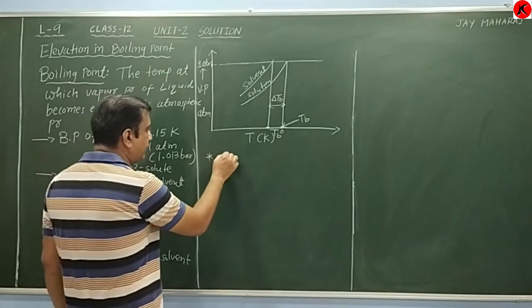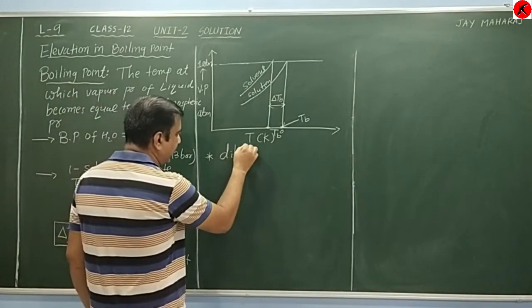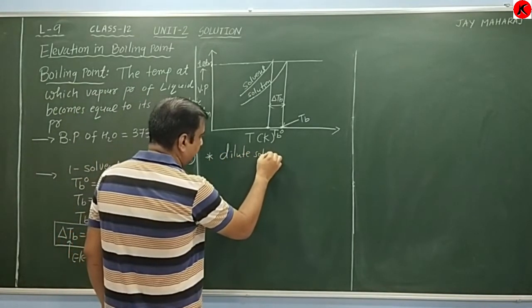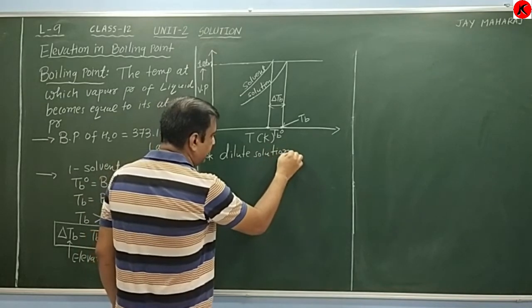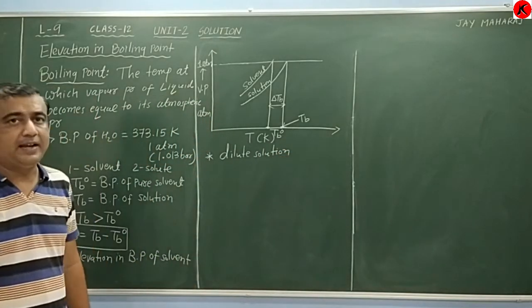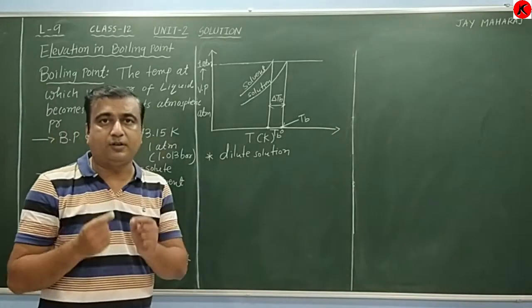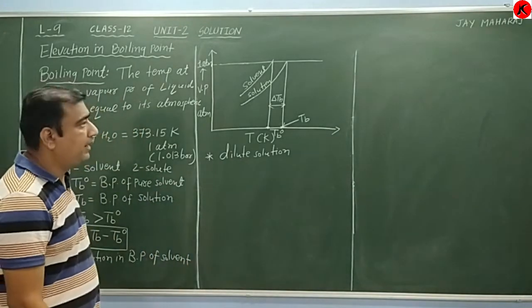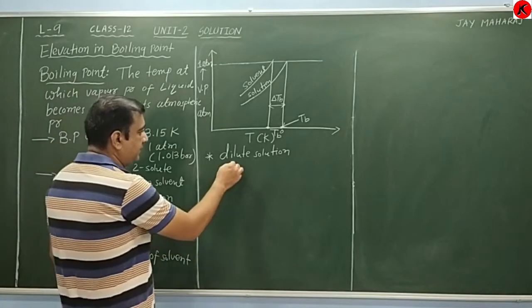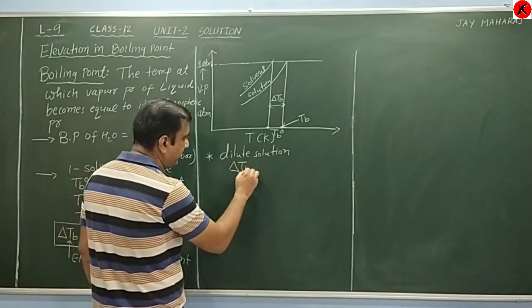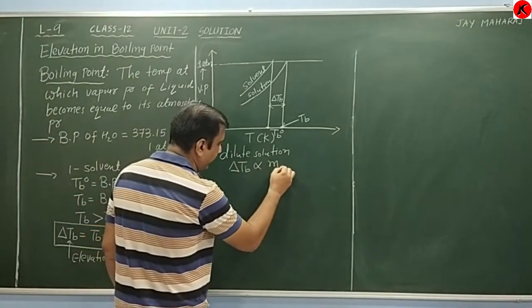So for a dilute solution, experimental results show that the elevation in boiling point is proportional to the molality of the solution. That means delta Tb is proportional to m.